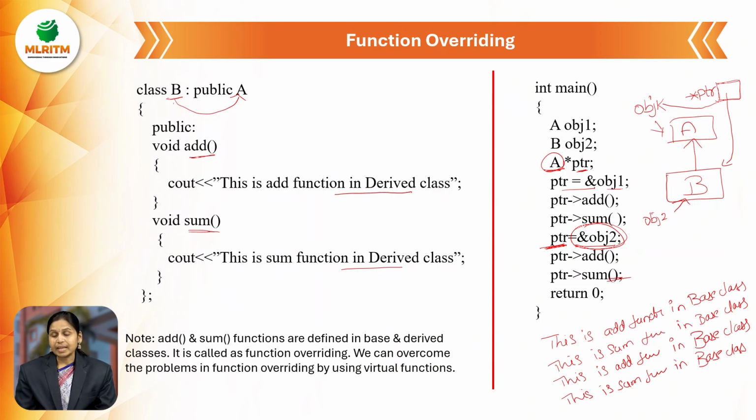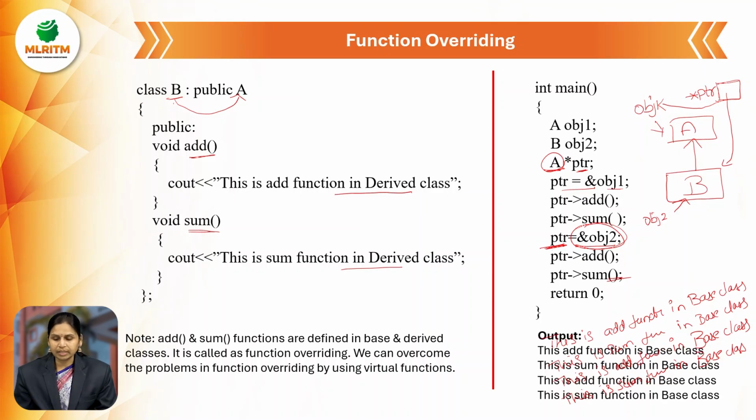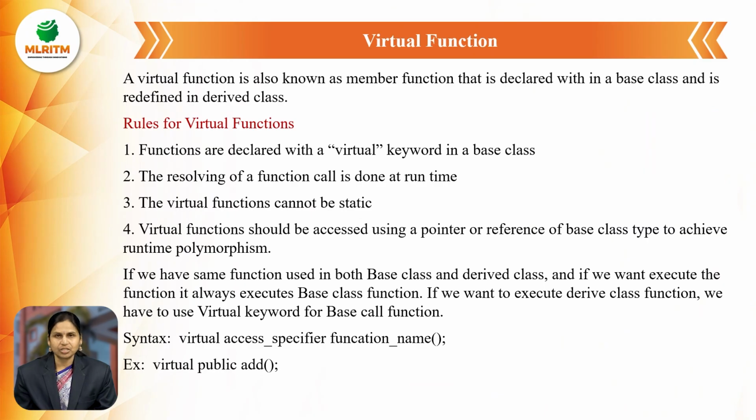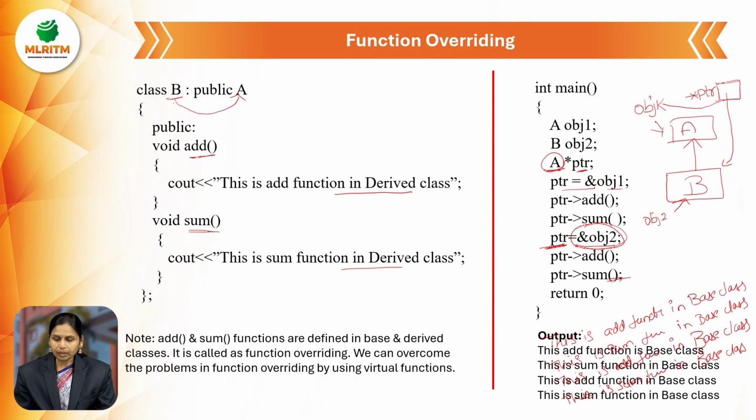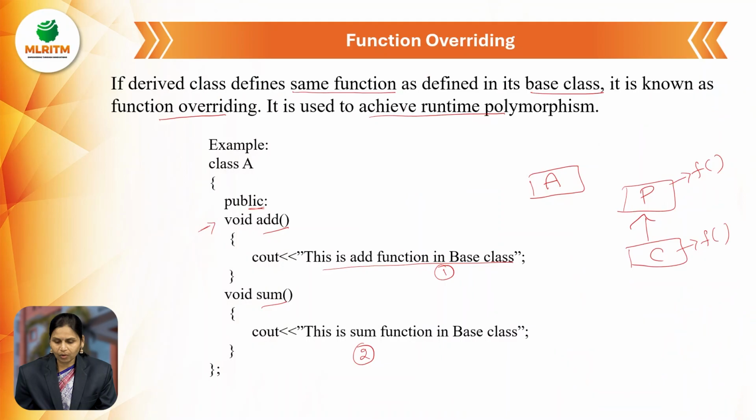So here this problem is overcome, or solved, by using virtual functions. Here function overriding is implemented for runtime polymorphism. But here we are getting the base class output only.